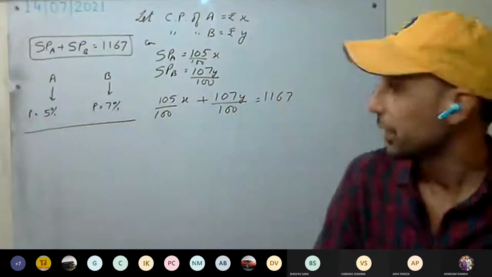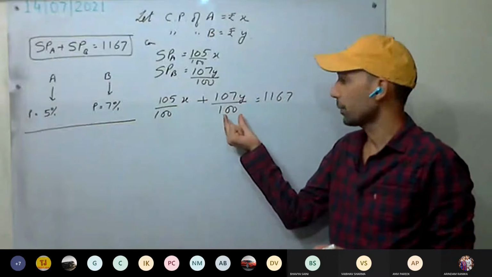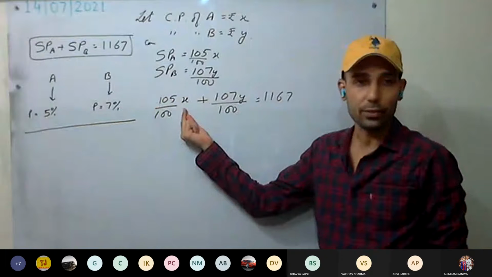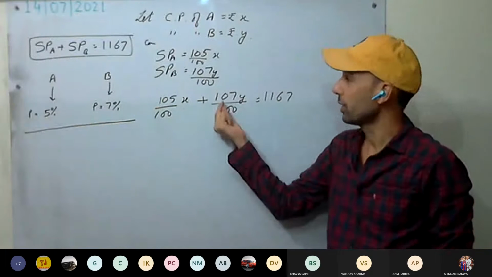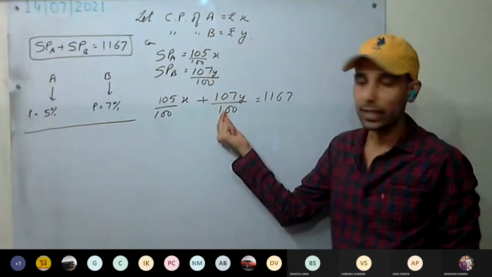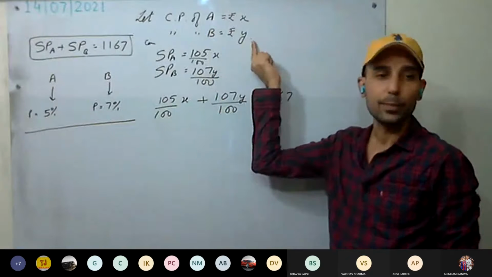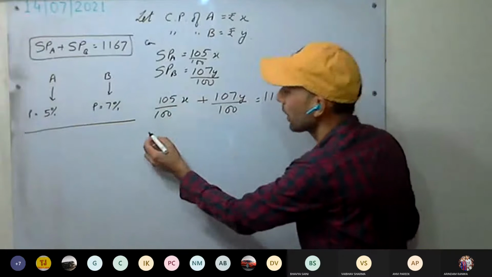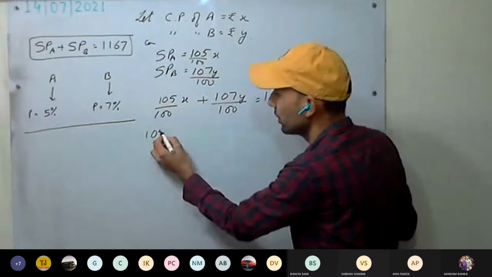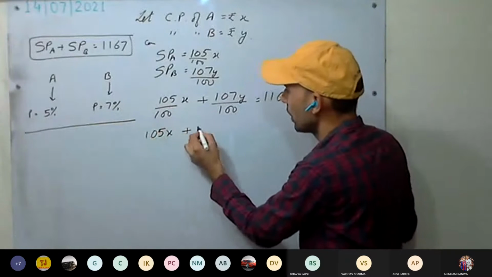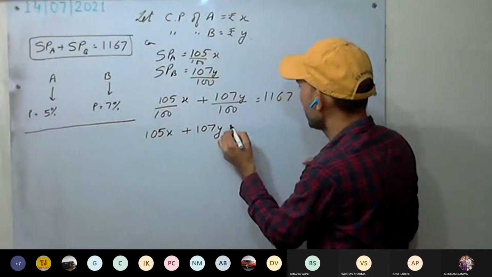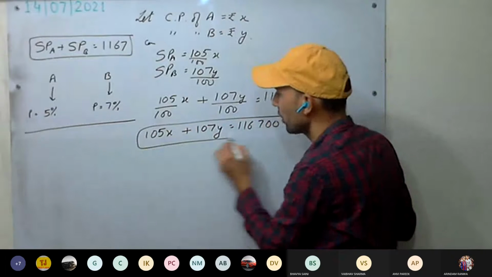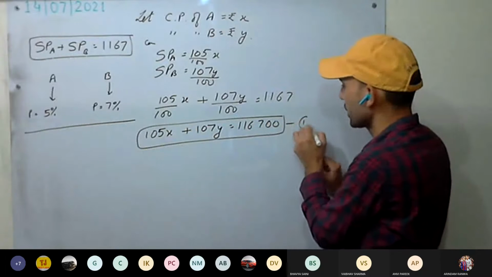Understood now? Selling price of A plus selling price of B equal to 1167. So selling price of A we have calculated in terms of CP of A. We have calculated selling price of B in terms of CP of B article. Understood? Now we can multiply the whole equation with 100: 105x plus 107y equal to 116700. This is our first equation.